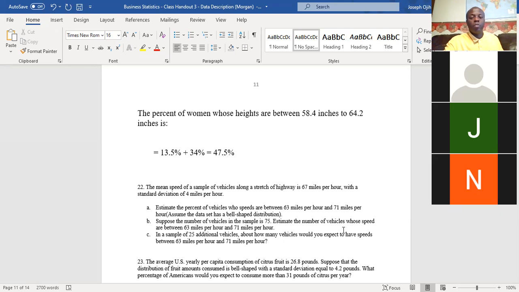So 47.5% of women have a height of 58.4 inches to 64.2 inches.